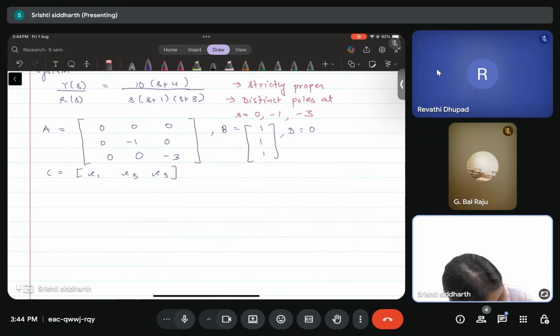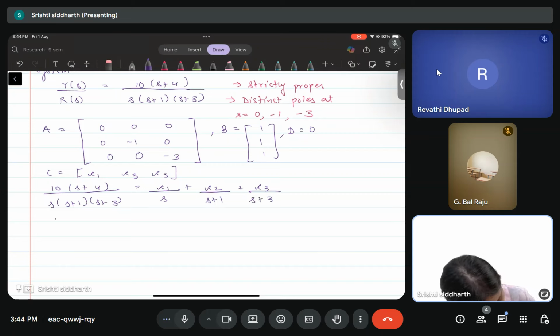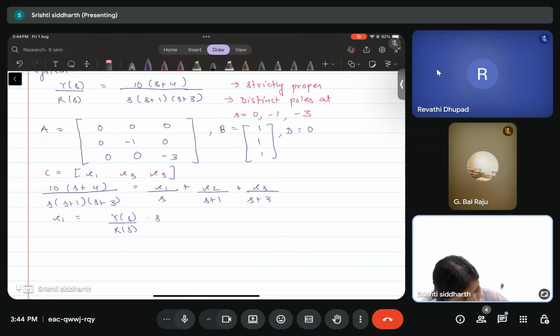Alright, so just write this down. The partial fraction expansion of this is simply C1 over s, plus C2 over s plus 1, plus C3 over s plus 3. So C1 is simply Y(s)/R(s) multiplied by s and evaluated at s equals 0.